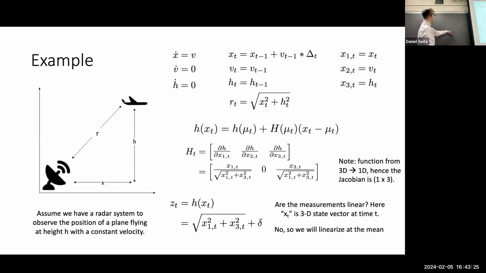Is this clear how I got from here to here? This is the function h, and you are differentiating it with respect to x1 comma t. h is this thing to the 1/2 power, since a square root is to the 1/2 power.